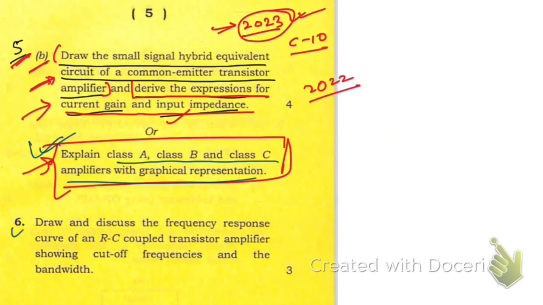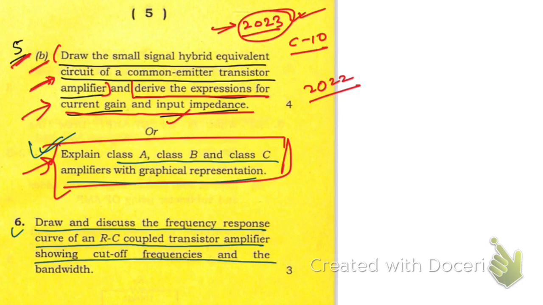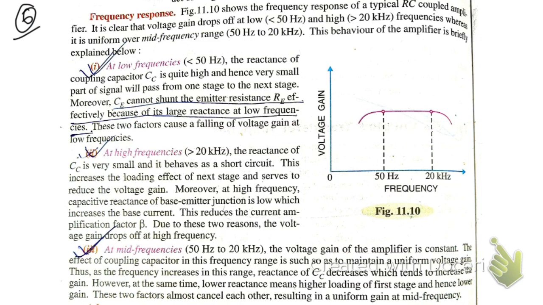Now question number 6, draw and discuss the frequency response curve of an RC coupled transistor amplifier showing the cutoff frequency and the bandwidth. So let me show that answer. So here is the answer of question number 6, frequency response curve, this one. So these two are the cutoff frequencies here, and this is the bandwidth. Okay, so hope you have understood this. Take the screenshot.